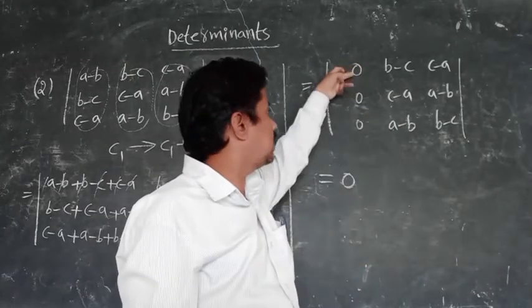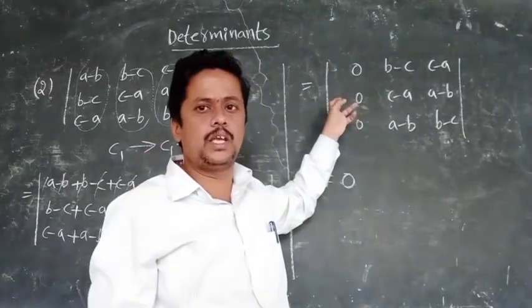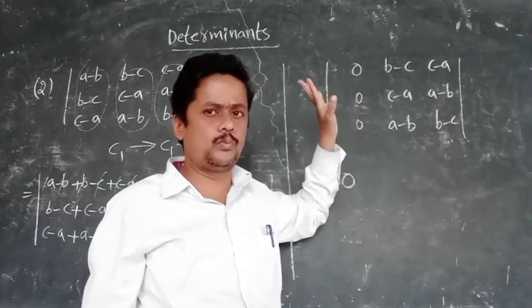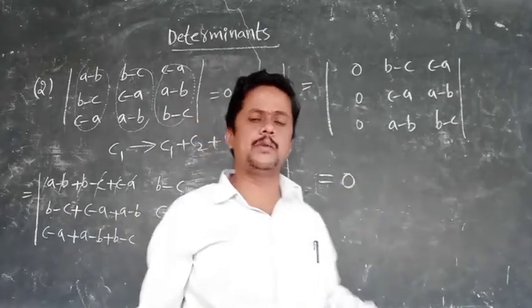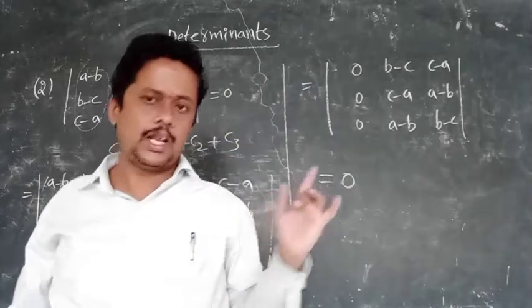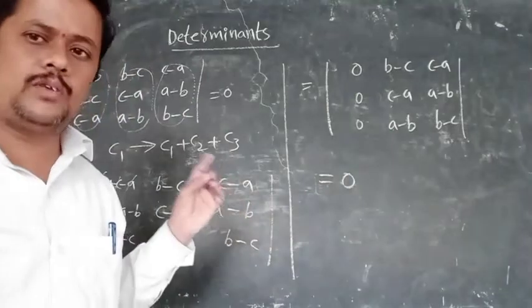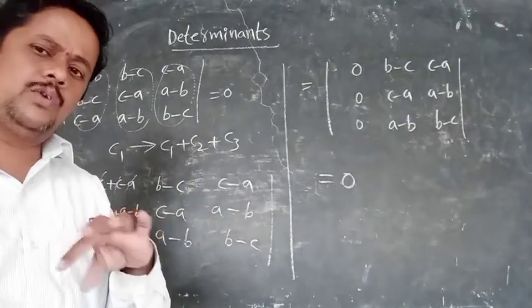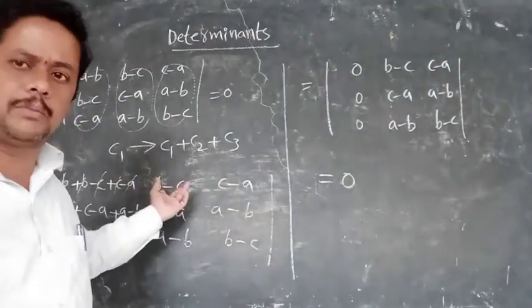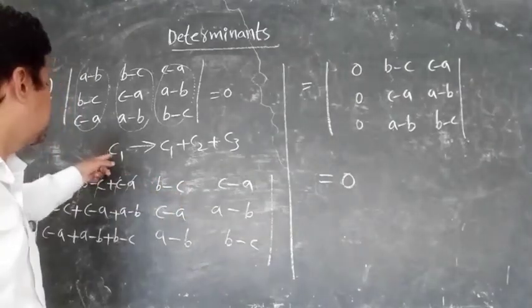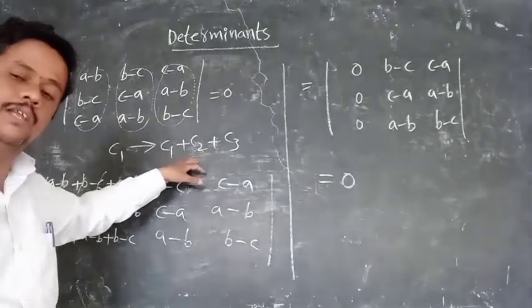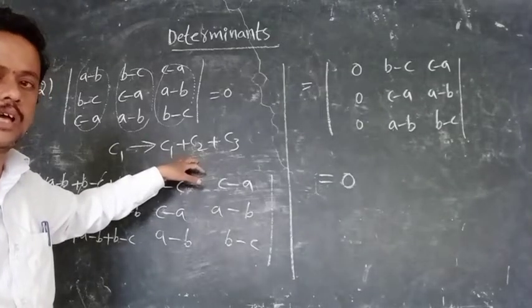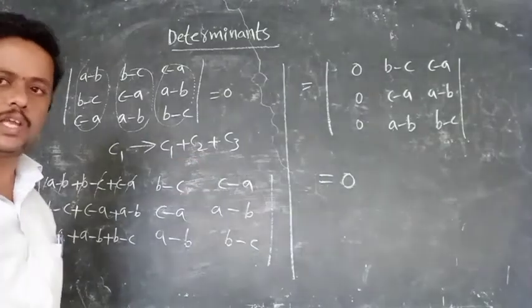Any one column is enough, or any one row. Total 0 means the value of the determinant will be 0. Like that you have to simplify. Students feeling difficulty, you can do another method also. We took C1 implies C1 plus C2 plus C3; we can also take R1 implies R1 plus R2 plus R3.